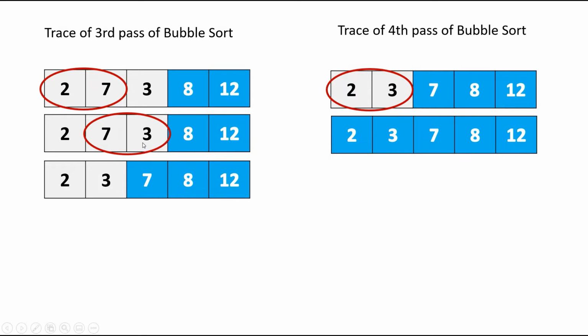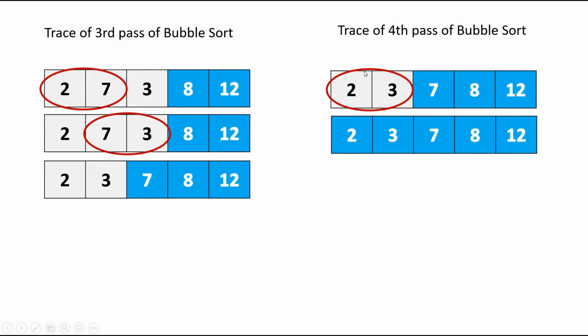So they must be swapped. So 3 comes here. 7 comes here. And the wall moves one place to the front. So that 7 will be a part of the sorted part and 2, 3 will be remaining in the unsorted part. So next we have to sort these two. Okay, let's go to the fourth pass.